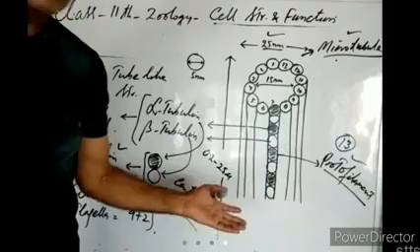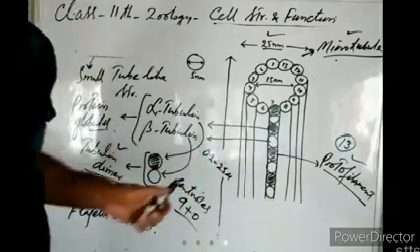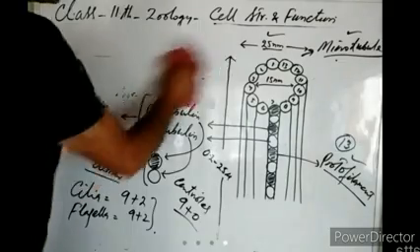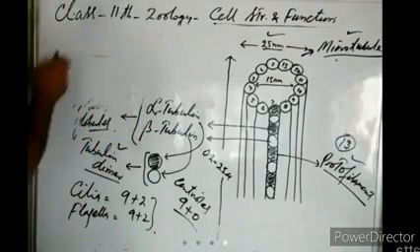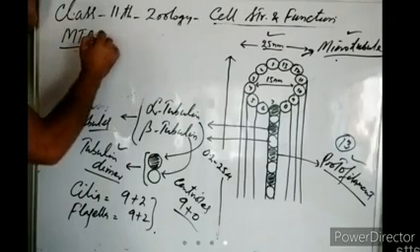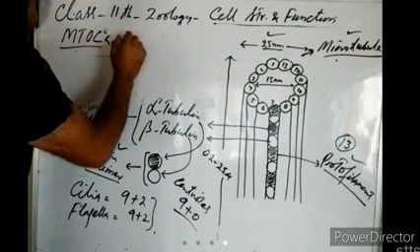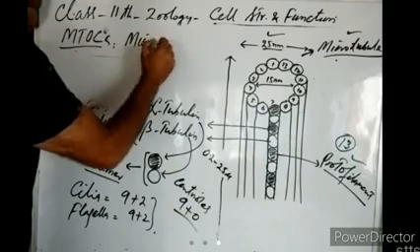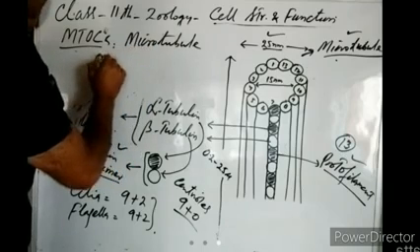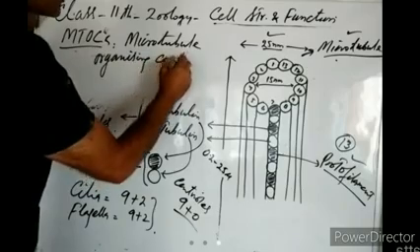So where are these tubulin dimers added or removed? For that, there are microtubule organizing centers near the centrosomes. There are MTOCs, microtubule organizing centers.